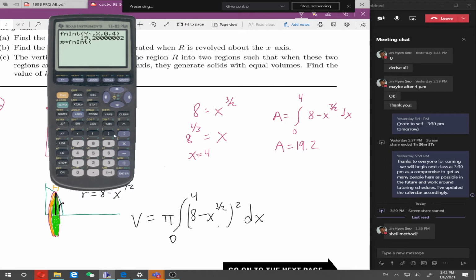I'm going to integrate our y variables function y1 squared in terms of x from 0 to 4. And that should give us our volume. Okay, so that's 361.911.